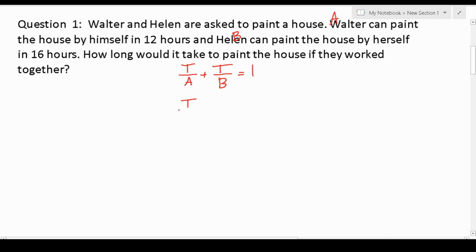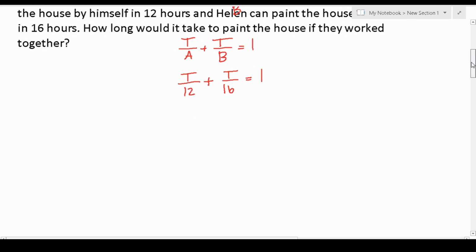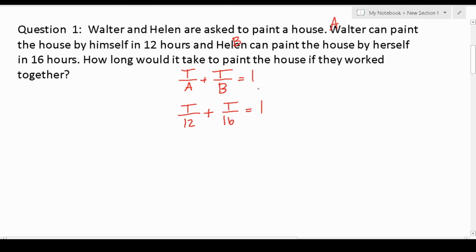This becomes T over 12, since A is Walter, and T over 16 for B, which is Helen, and of course this all equals 1. In this case, it should also be pretty obvious that T refers to the amount of time it takes both of them working together to paint the house.